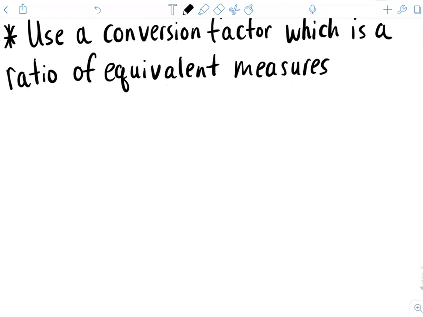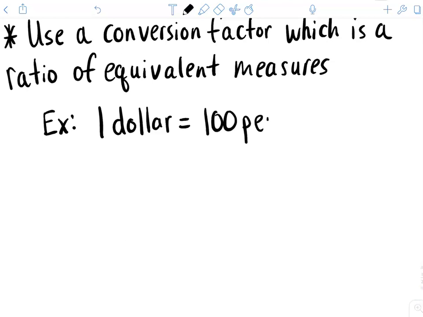So, for example, let's say that we had $1. Well, if I have $1, that could be 100 pennies. Those are the same measurement.